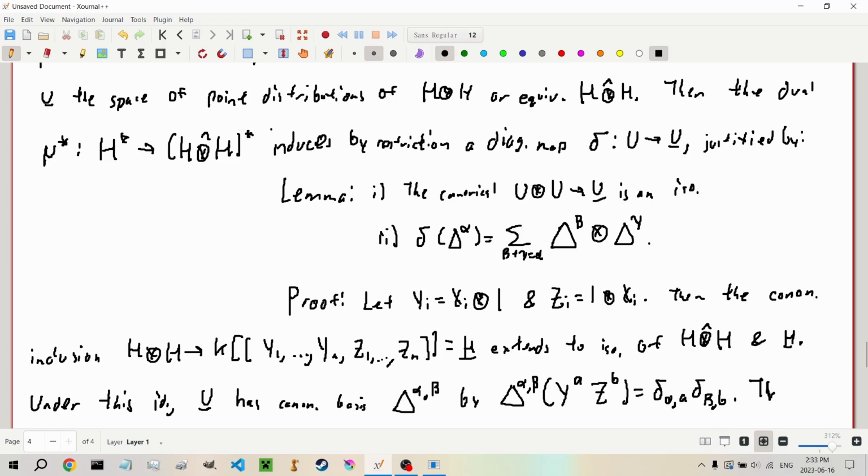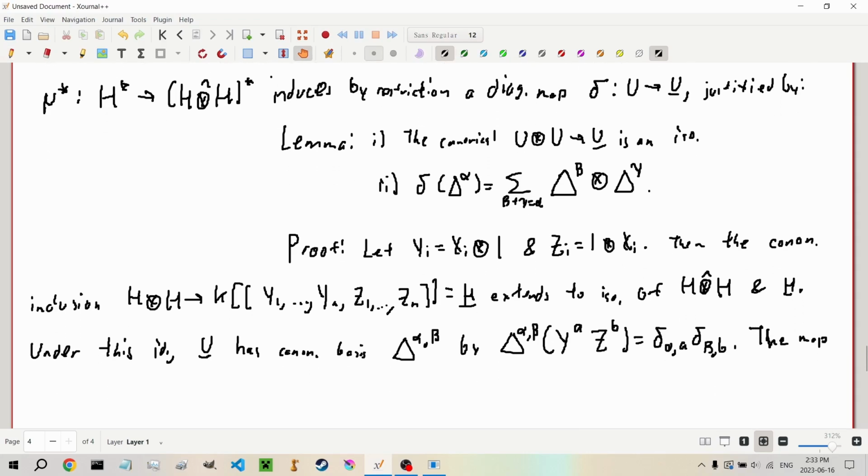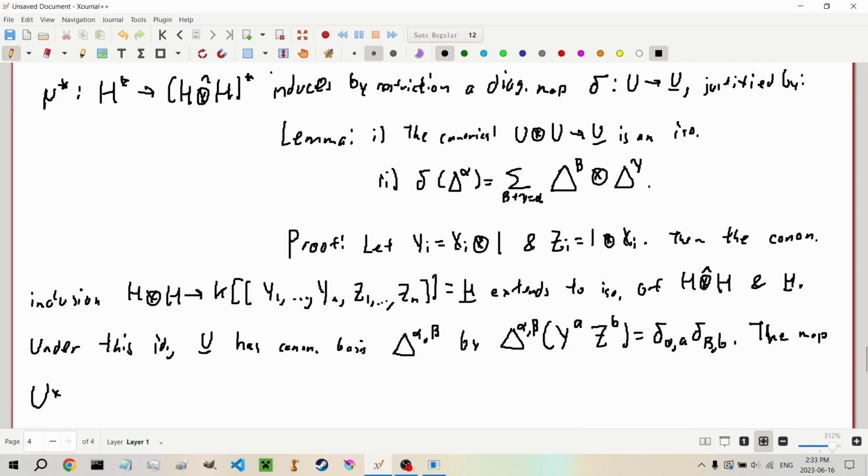Then the map from U tensor U to U underline identifies the basis element delta alpha tensor delta beta with the basis element delta of alpha comma beta. These are the basis elements of U tensor U and U underline, so that's part 1.